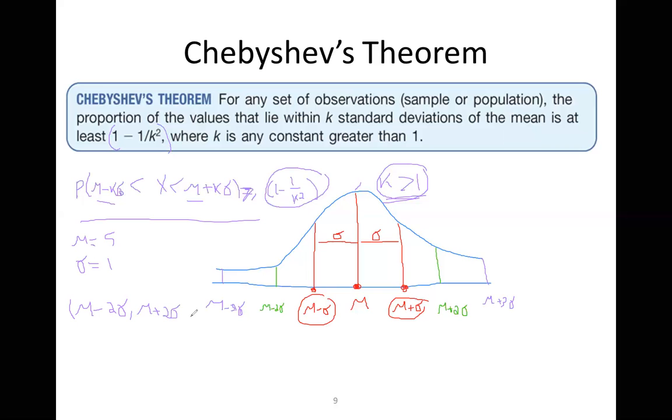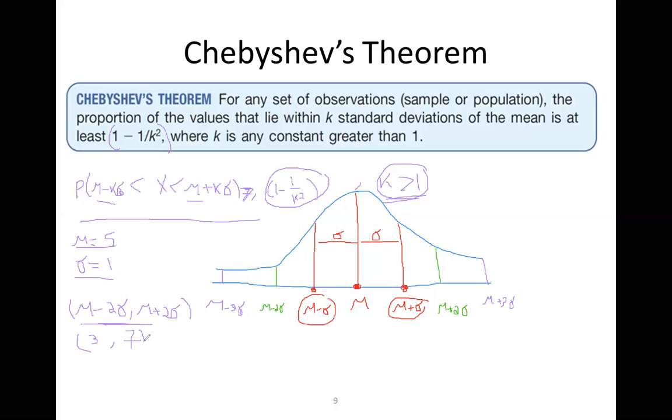If you have data that has mean mu equal 5 and a standard deviation equal 1, then what is the proportion of the data between mu minus 2 sigma, which equals 3, and mu plus 2 sigma, which equals 7?